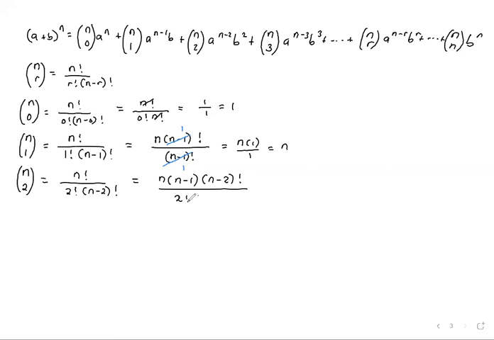So we have 2 factorial and the n minus 2 factorial in the denominator. Since n minus 2 factorial is the same as n minus 2 factorial, these two will help us not go very far, so that we remain with n multiplied by n minus 1 over 2 factorial.